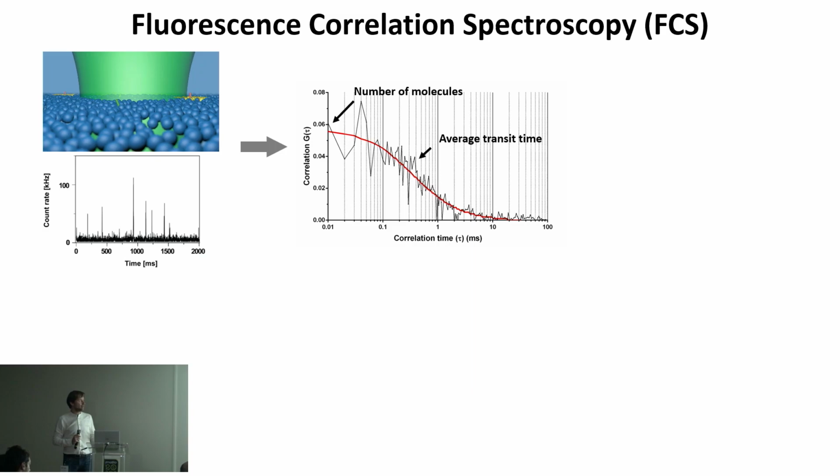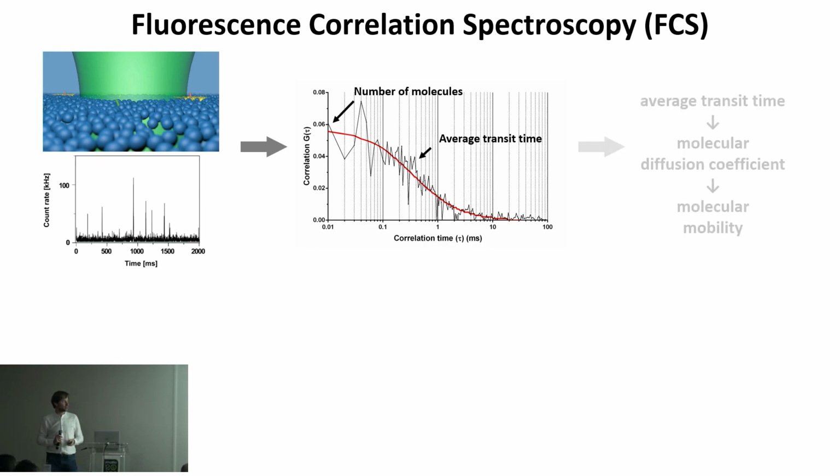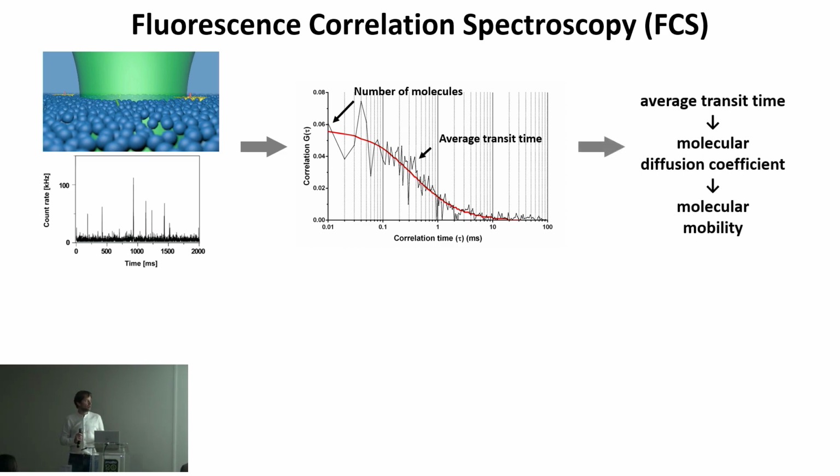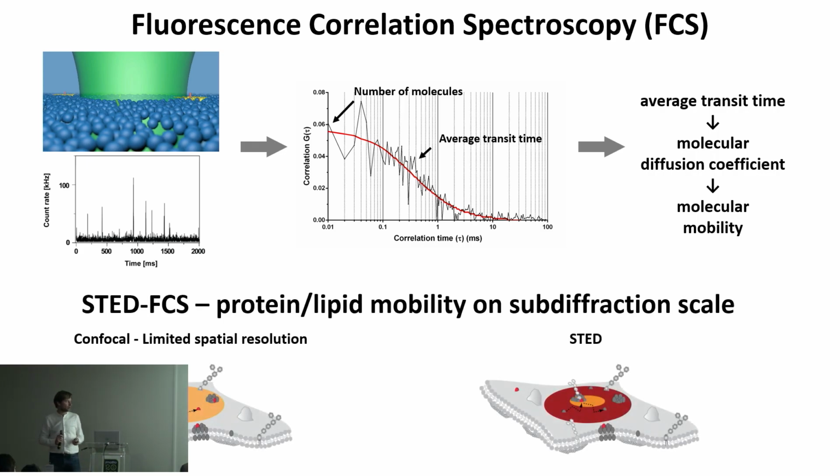From this, we can get the average transit time of a molecule across the excitation spot, and also the number of molecules transitioning through that spot. With this average transit time, we can derive molecular mobility, the diffusion coefficients. And because we're dealing with viruses, we combine this with STED microscopy, which allowed us, instead of the standard FCS, to look at protein or lipid mobility on a subdiffraction scale.